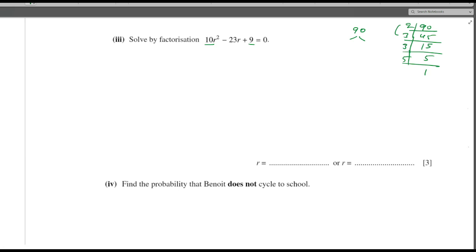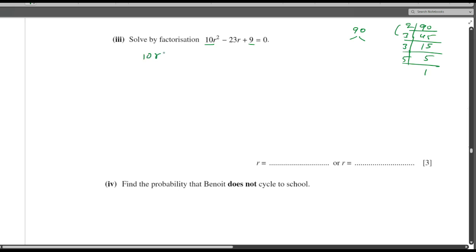If I take 18 and 5, so 18 plus 5 is 23. So what I will do, I will write this as 10R square minus 18 times R minus 5 times R. So 18 times 5 will give me 90, and their addition will give me minus 23. Plus 9 is equal to 0.